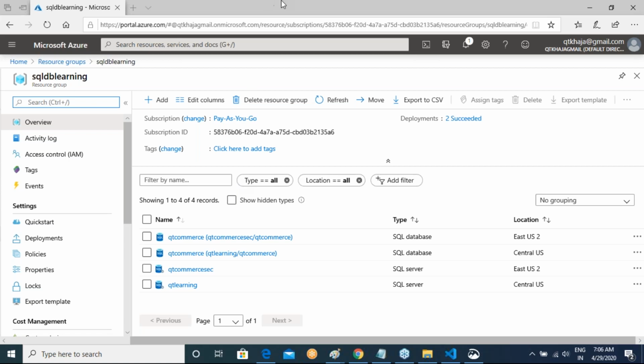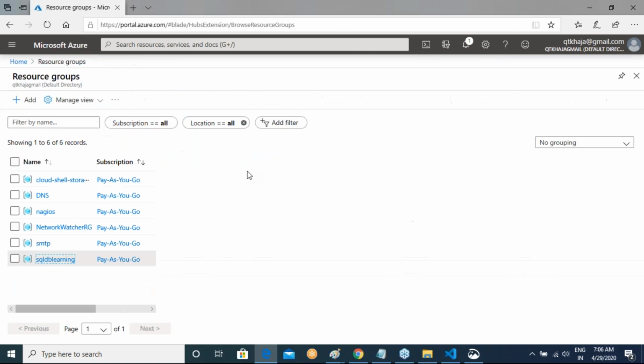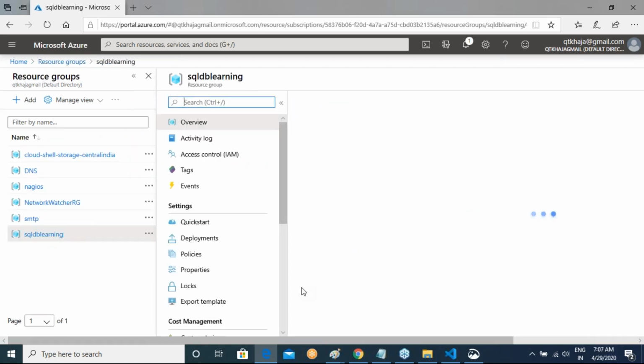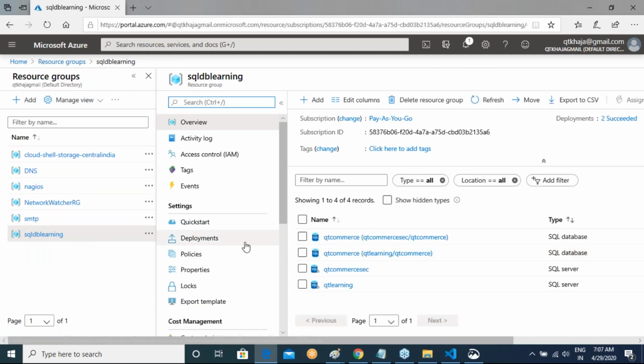Right, sir. Now I'll go into the resource groups. We know how to configure the secondary server, which is readable.